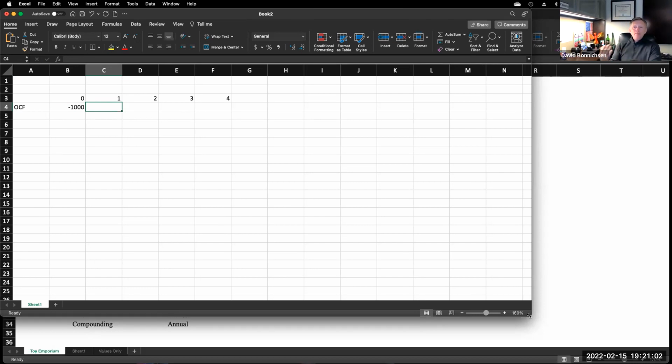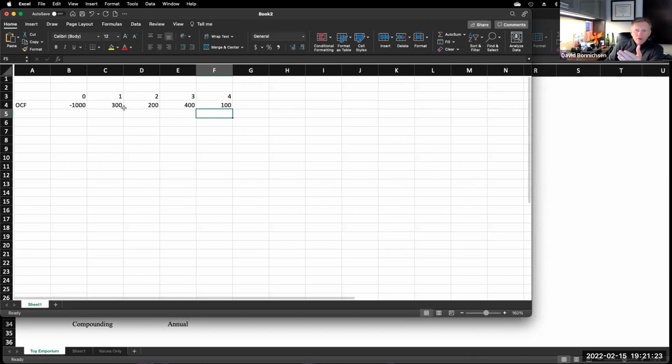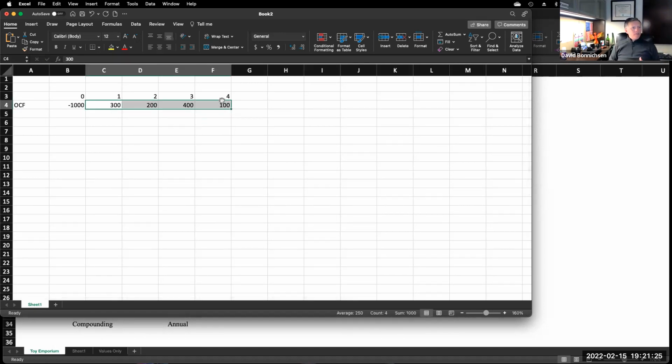Maybe in year one your project delivers $300 of cash flow. In year two, it's $200. In year three, $400. And in year four, it drops down to $100. Whatever it is, your project is delivering some future stream of cash flow in return for the company giving your project $1,000 today.